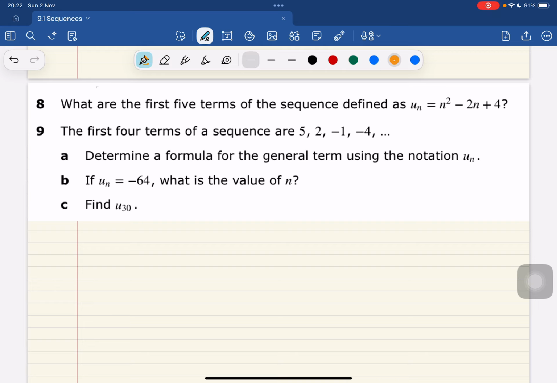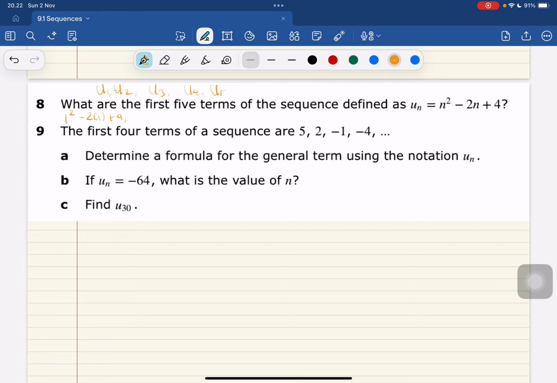We need to find u1, u2, u3, u4, and then u5. So u1 is 1 squared minus 2 times 1 plus 4. u2 is 2 squared minus 2 times 2 plus 4.